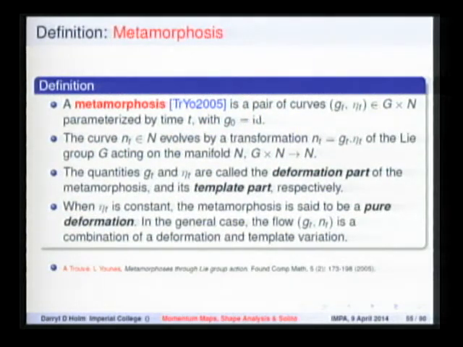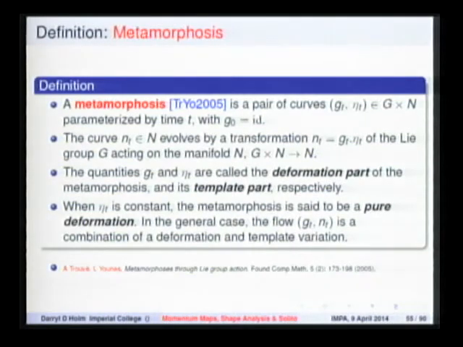Metamorphosis was introduced by Alain Trouvé and Laurent Younes in 2005. And then 4 years later, we wrote a paper which is basically saying, oh, by the way, that's a momentum map. And so we have a pair of curves in a group and a manifold, which could be another Lie group. Okay, and they're parameterized by time.